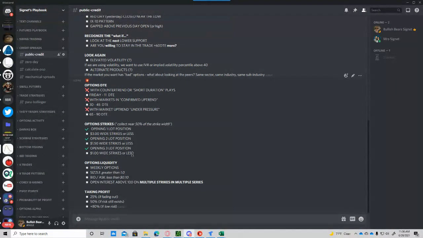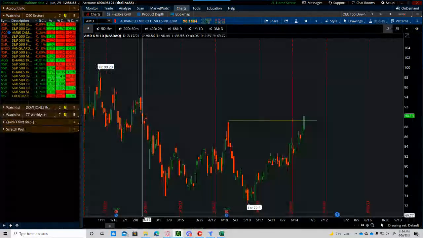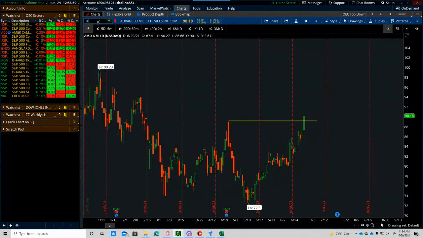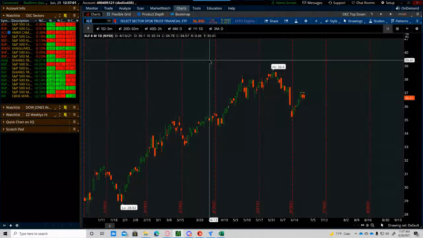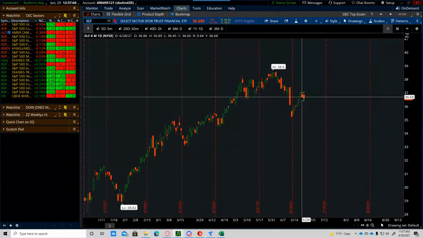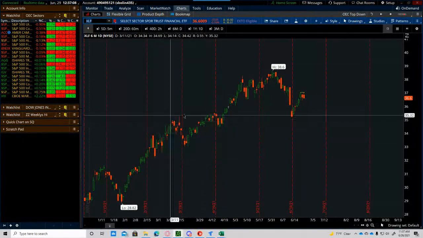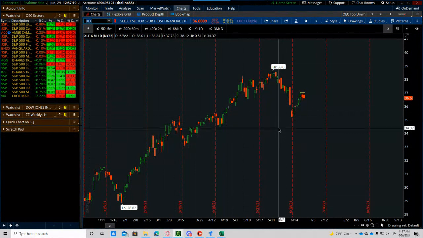If you're in a small account and you don't want to risk more than $55, $60 in a trade, you would know that you're not going to be putting on trades bigger than $1 wide. So you would want to run all your scanners on products that are small, right? Things like XLF, for an example. These have 50-cent wide options and $1 wide options. You wouldn't want to go in and target things like Tesla.